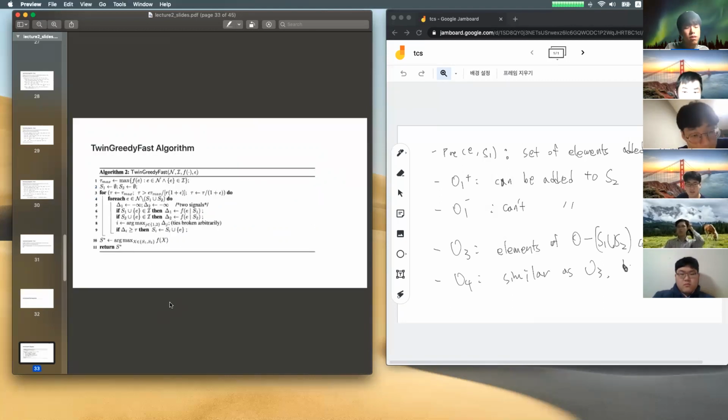This algorithm also maintains two solution sets as the previous one, but it uses some kind of threshold to control the optimality of adding elements to the solution set.